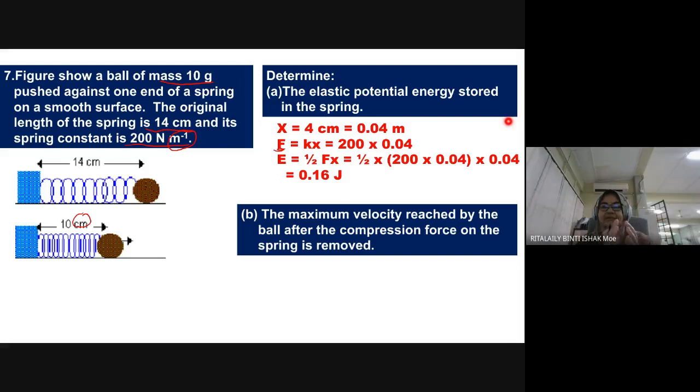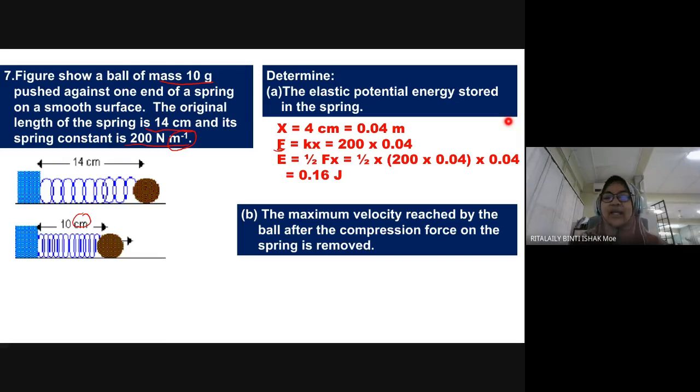Lepas kita compress and then we let go, energy convert from what to what? When the spring is compressed, elastic potential energy, and then when it is let go, it convert to kinetic energy.